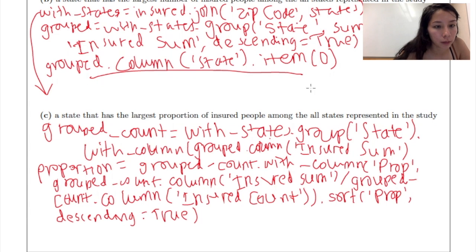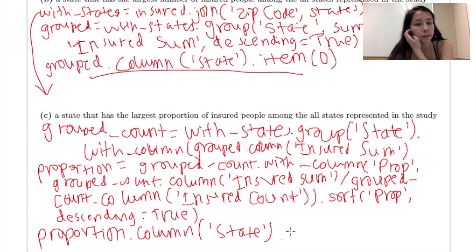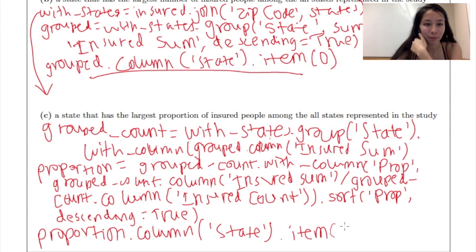So we want to do proportion, which is the name of the table, dot column state, and since we've already sorted it, we just want to do item 0. Alright, so that is part C.